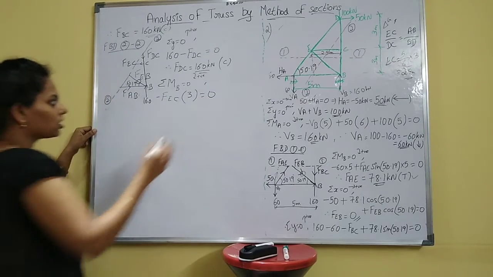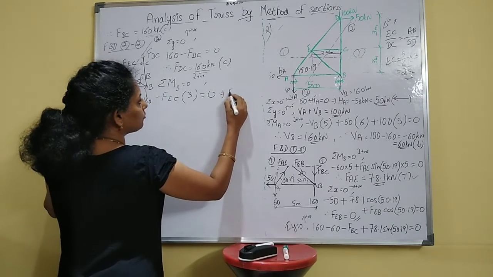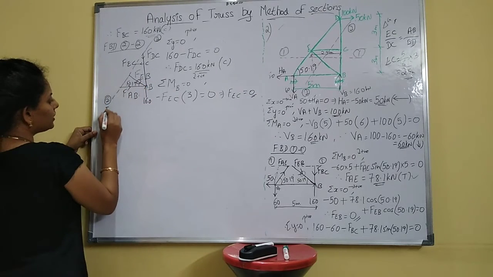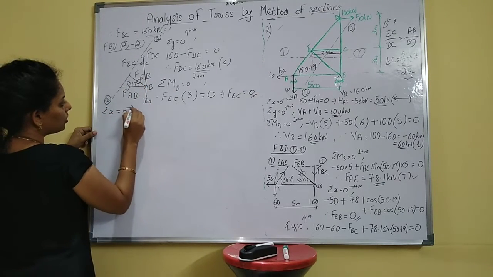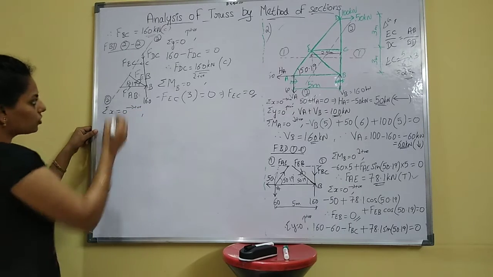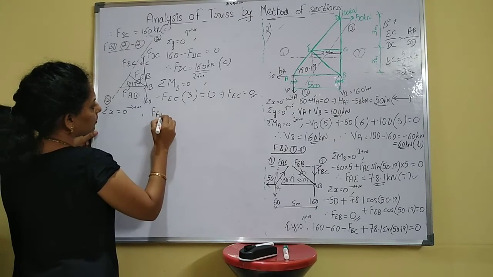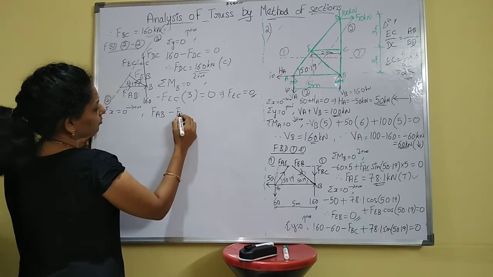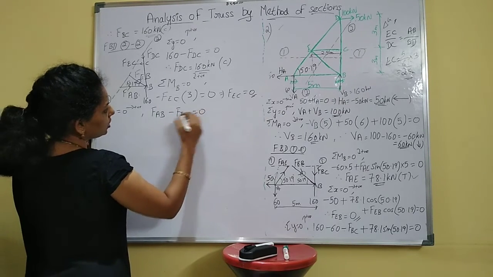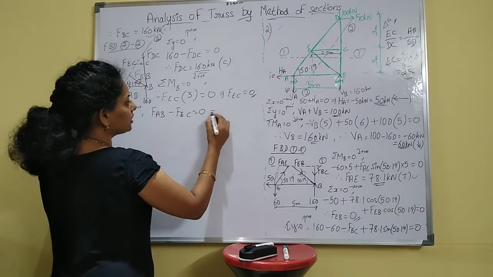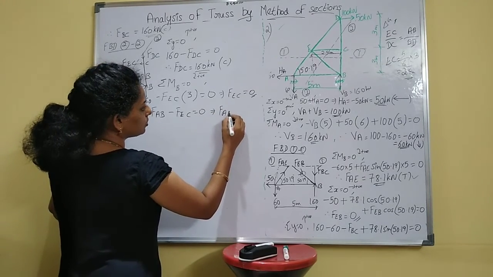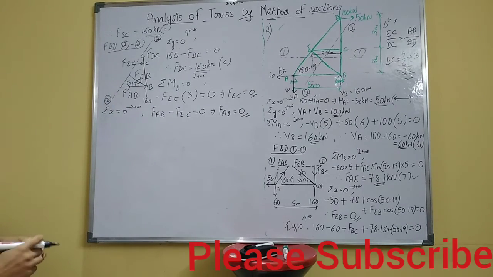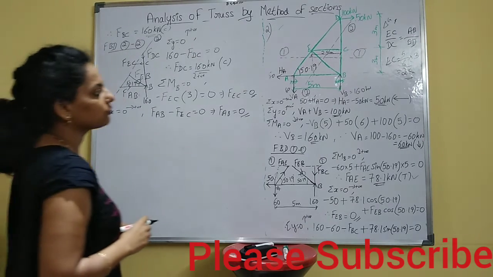No other force, hence FEC equal to 0. Finally, summation Fx equal to 0, towards right as positive: FAB minus FDC, FEC equal to 0. Your FEC is 0, hence your FAB is also equal to 0. Okay, hence all the forces are found.